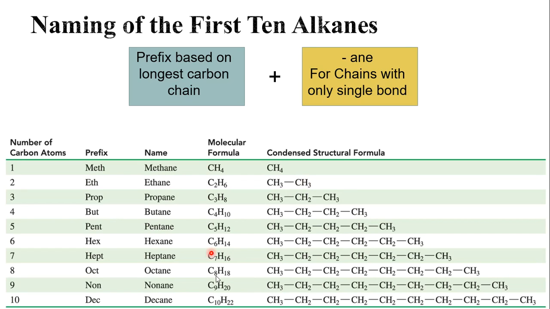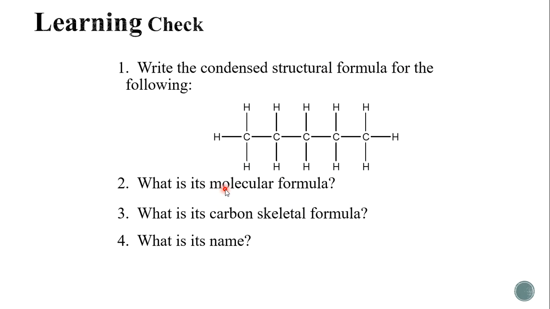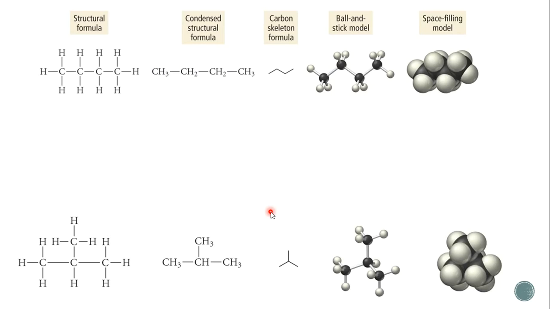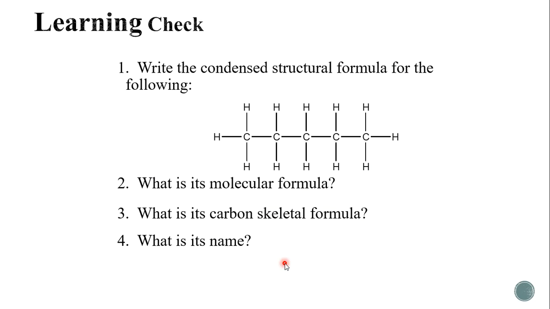So this is the molecular formula right here. So how many carbons, how many hydrogens. Skeletal formula is going to be our ultimate lazy formula. So it's going to look something like this. So just some lines. And then lastly, what's the name? So count the number of carbons, put the prefix, add an A-N-E on the end. So go ahead and pause the video and see if you can work through that.